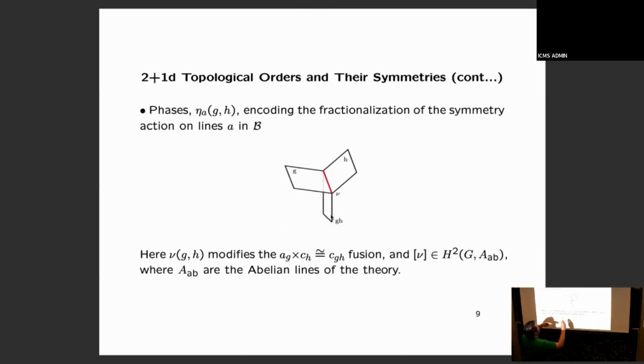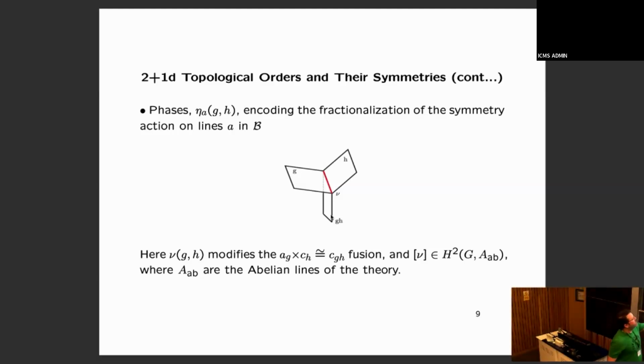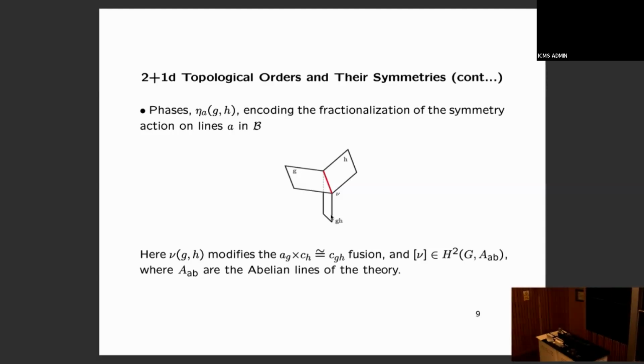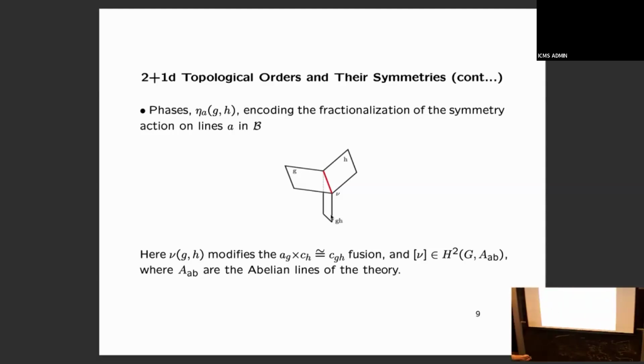So another piece of data that I have is the fractionalization, and it comes from the action of these junctions on lines, and also this nu GH. You can think of it as modifying the fusion rules for boundary conditions of the surfaces G and H to GH. So in particular, the particular line or lines that I choose to insert on this red junction will change the fusion rules for boundary conditions of lines at this trivalent junction.